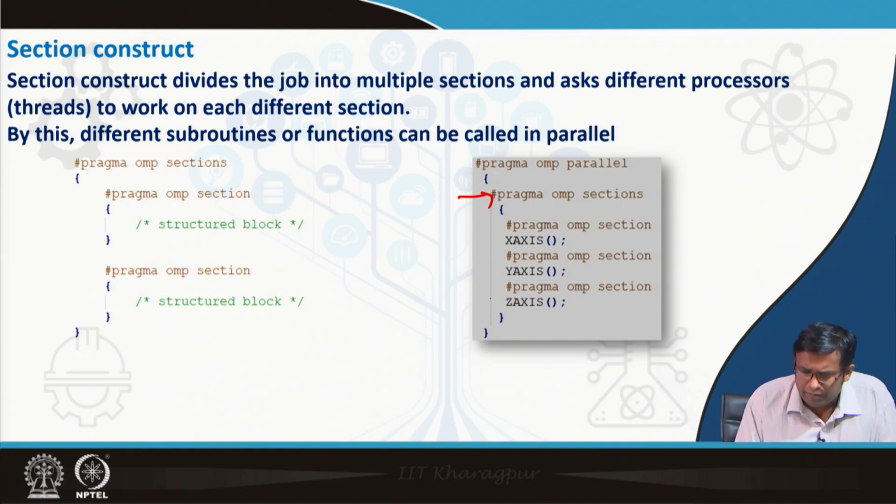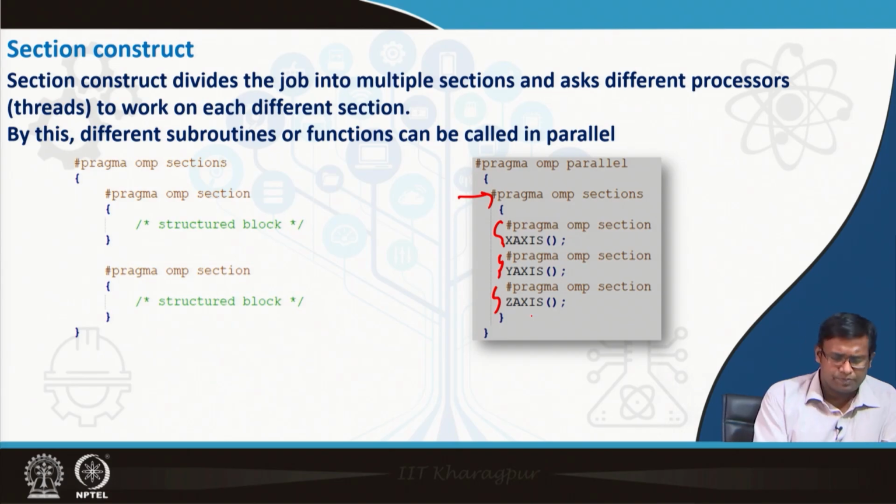That means multiple threads will be taking care of different parts of the code block, and each pragma OMP section, each subroutine or code block you write, will be executed by different threads. This is a very important construct.